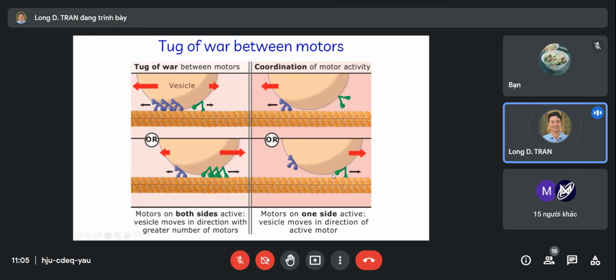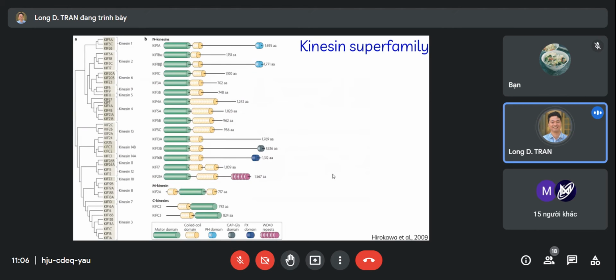And also, as you can see here, every transport vesicle is bound by two types of motor protein, and the interaction between those two types of motor protein will decide whether those vesicles move towards the plus end or minus end.